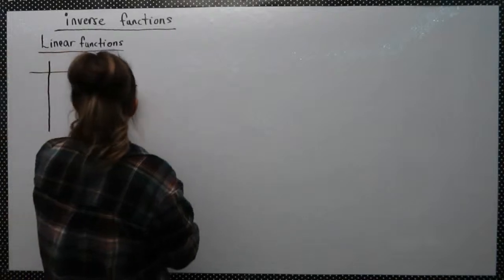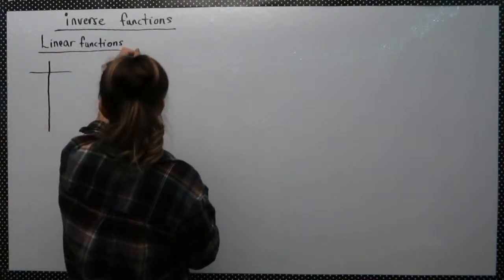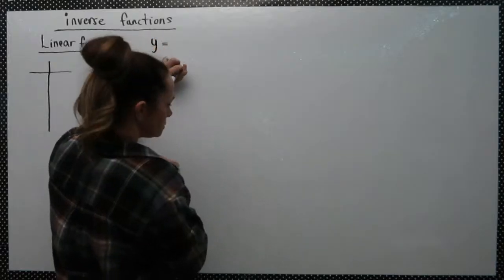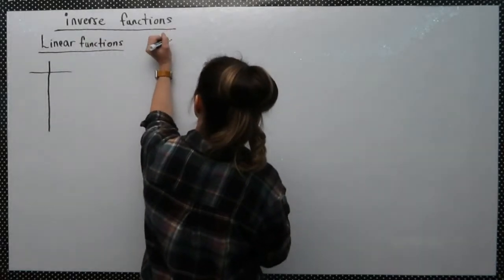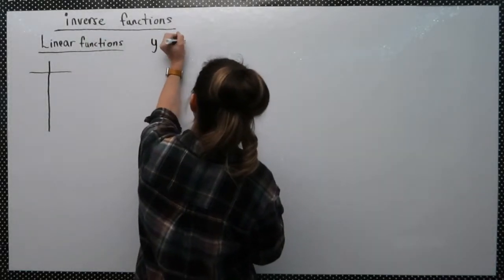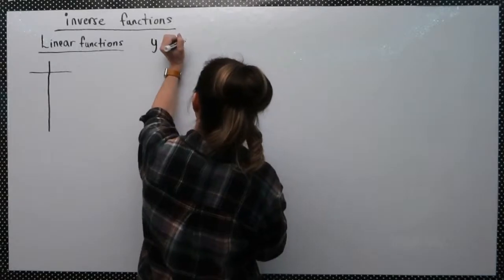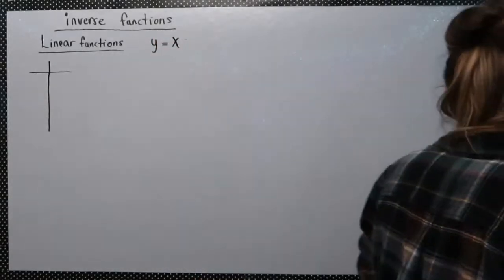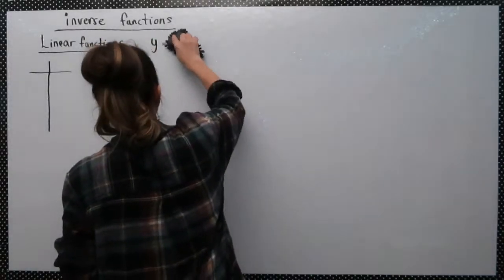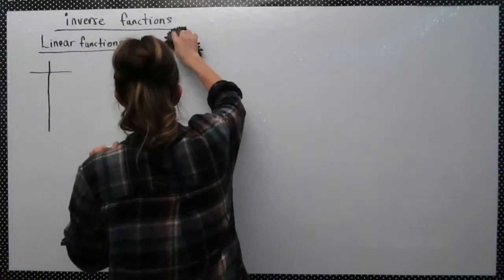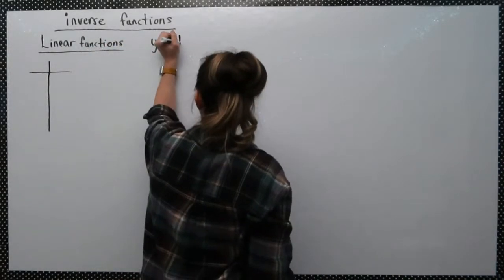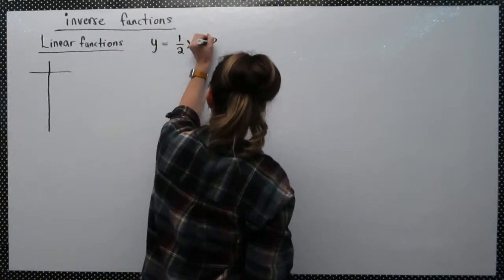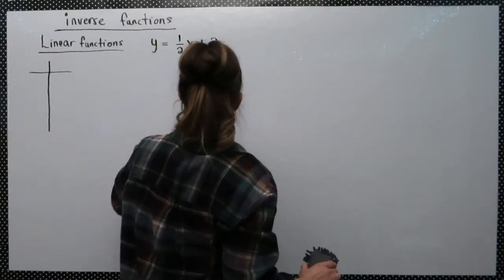Let me come up with one real quick off the top of my head. So we'll say y equals, well, I want to have a slope. I want it to be positive slope, so we'll do y equals 1/2 x plus 3 or something. That sounds good.